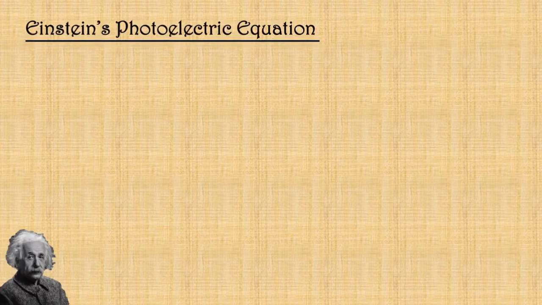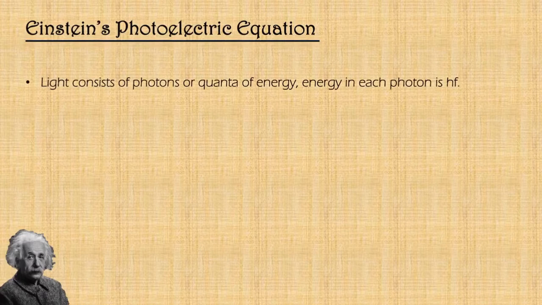On the basis of Planck's quantum theory, Einstein derived an equation of the photoelectric effect, known as Einstein's photoelectric equation. Einstein assumed that light consists of photons or quanta of energy. Energy in each photon is hf, where h is Planck's constant, and f is the frequency of light.